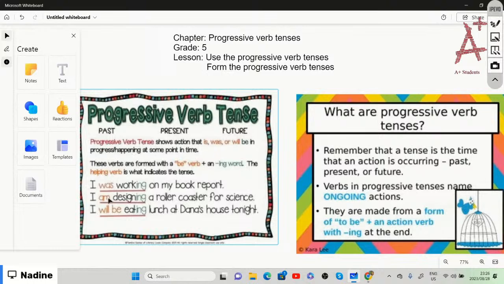So am is an indication that something is happening now, something that he or she is designing now. There we have our helping verb plus our action verb with the ing at the end. And then, I will be eating lunch at Dana's house tonight. So tonight gives us an indication that it is in the future. So will be is appropriate to use within that sentence.